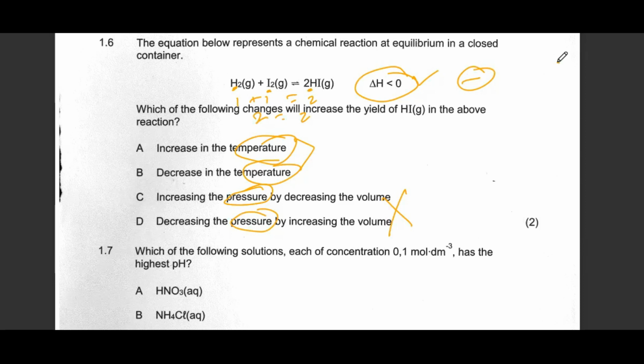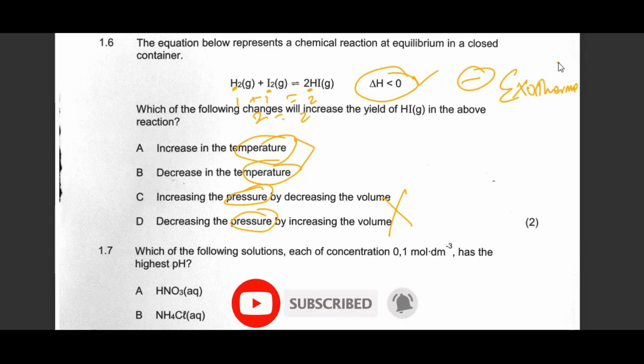So in this case, because it is negative, therefore the reaction is exothermic. So if the reaction is exothermic, then automatically it means that if you increase the temperature, the reaction is going to decrease.